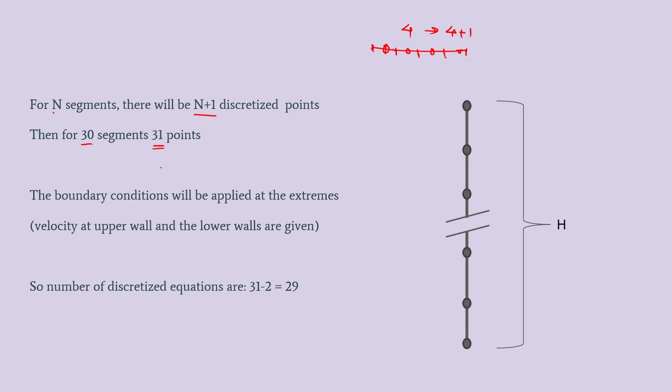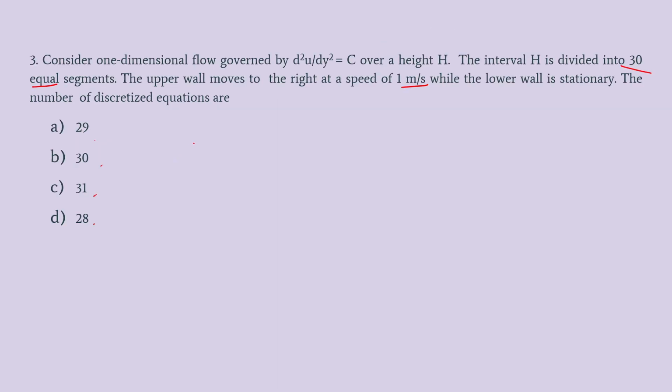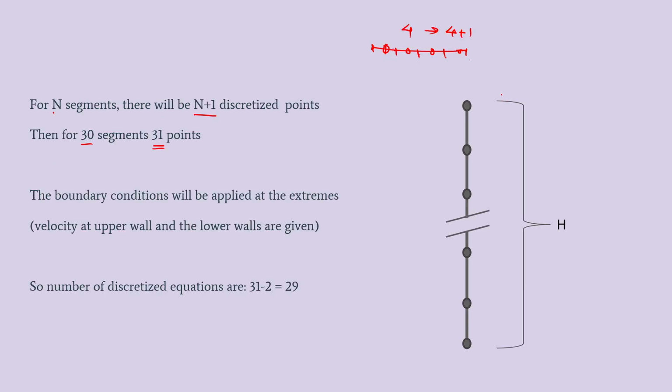But it is given that the upper wall moves at a speed of 1 meter per second, and the lower wall is stationary. So u is equal to 1 meter per second at the upper wall, and here u is equal to 0. Since we have been given the conditions at these two, we don't have to discretize there, because we don't need to find the values of u here.